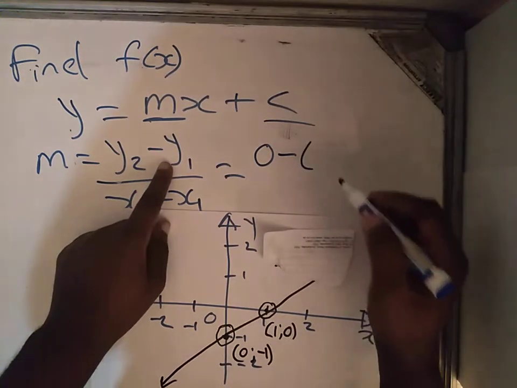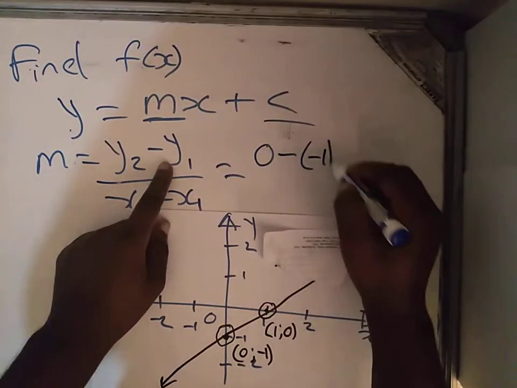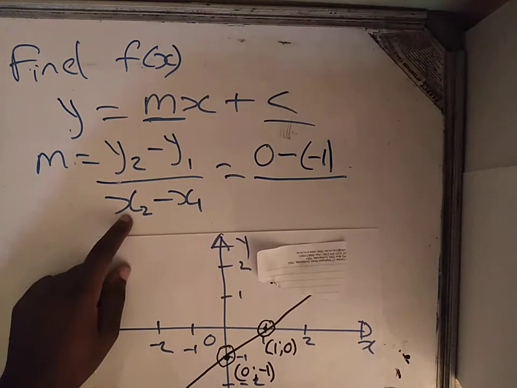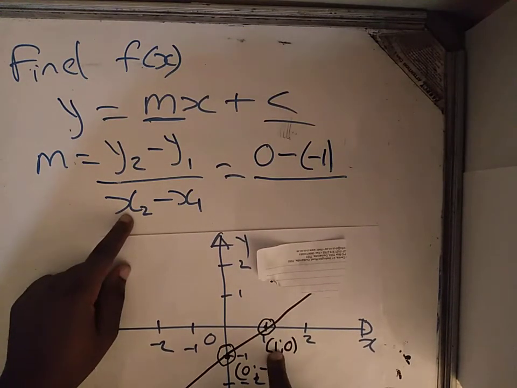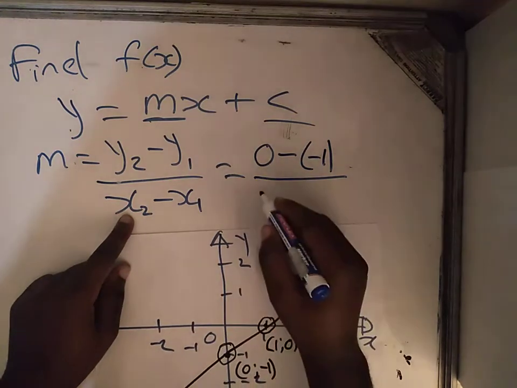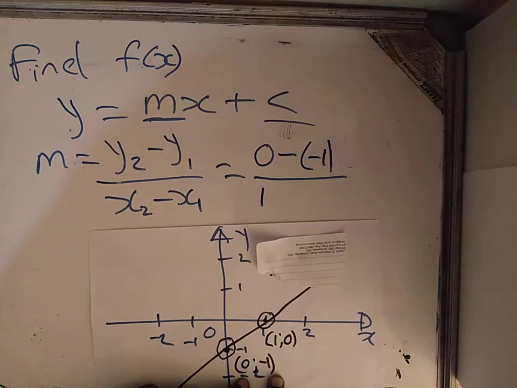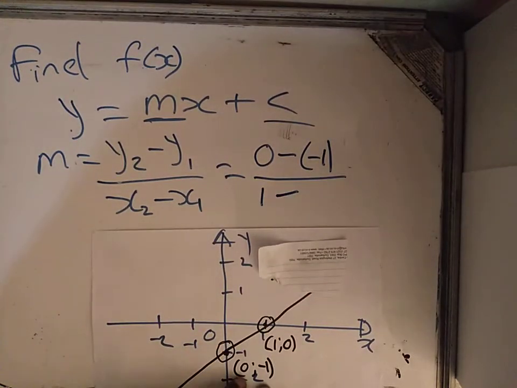So we're gonna say what? We're gonna say minus 1. And then the x of point 2, we said this is point 1, this is point 2. So what is the x of point 2? It is 1. So we're gonna say 1, and then go to point 1 and look for the x of point 1, which is x1. And then the x of point 1 is what?